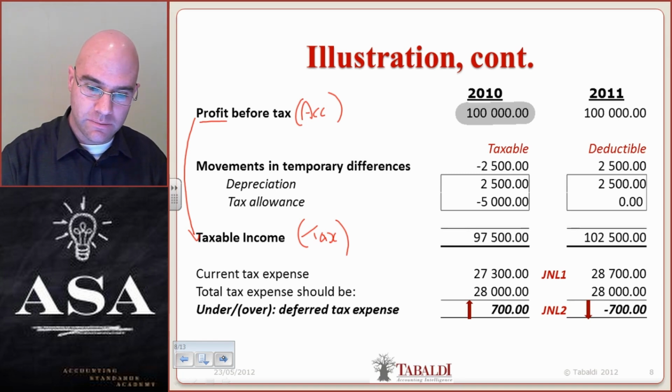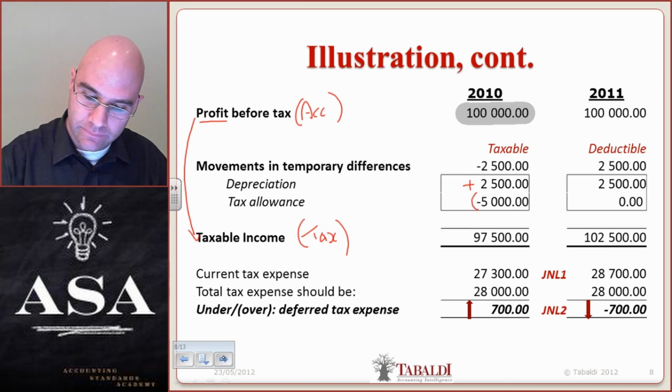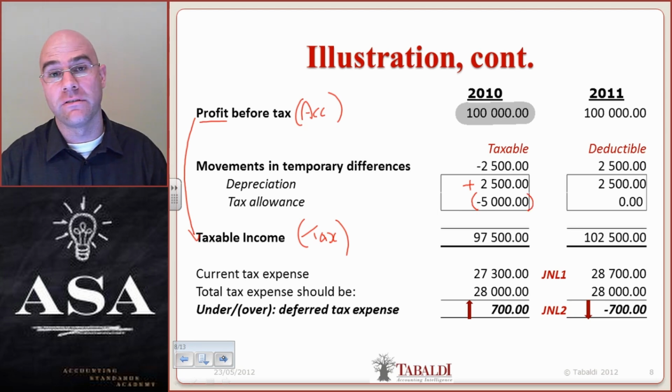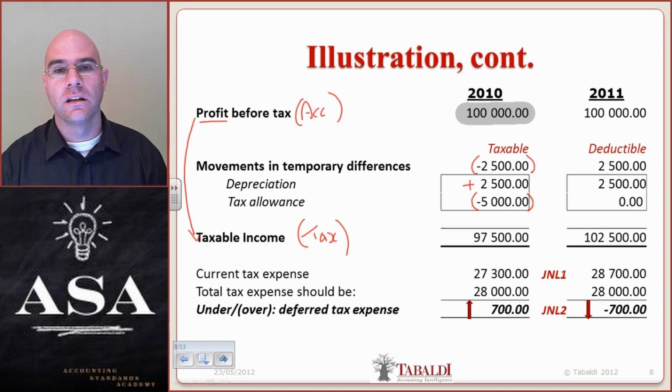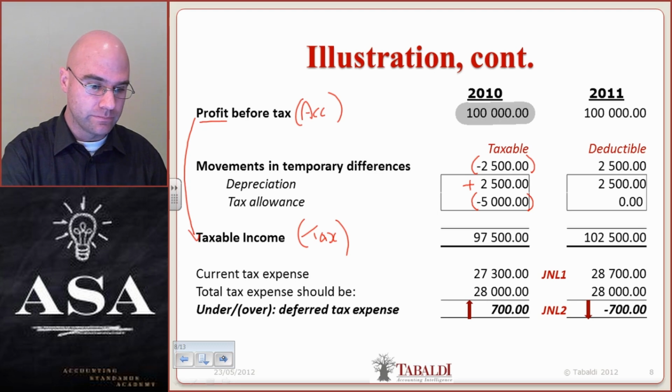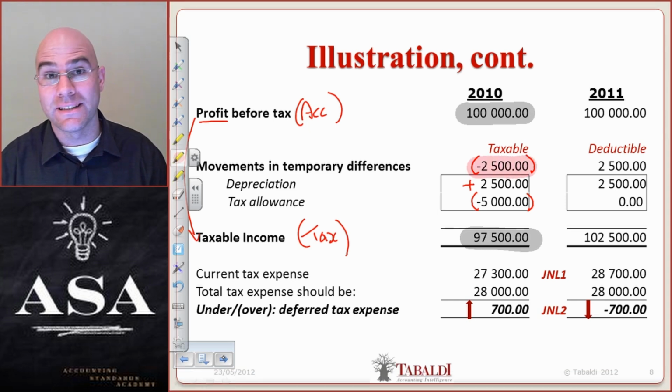So the first thing to consider is my depreciation. I will add back the depreciation of 2,500 that was already included as an expense in the 2010 profit before tax of 100,000. However, the tax allowance, tax expense for want of a better word, was 5,000 Rand. Therefore, I ended up decreasing my profit before tax from 100,000 Rand down to 97,500 Rand.